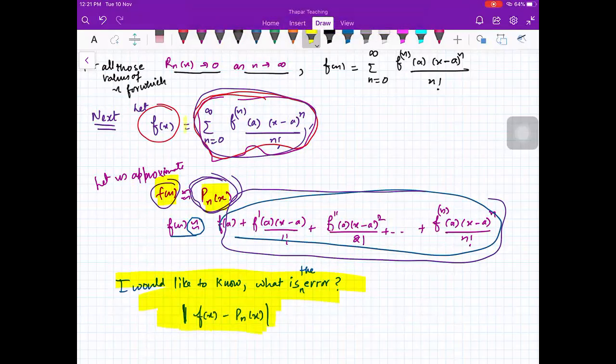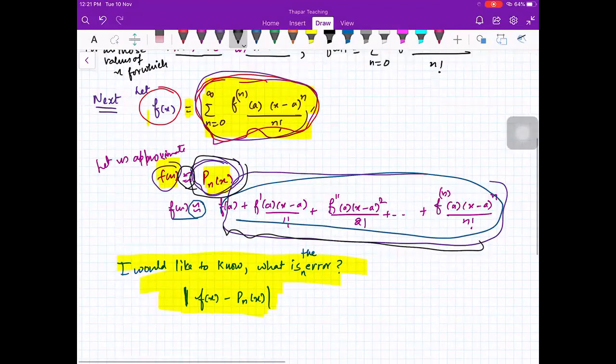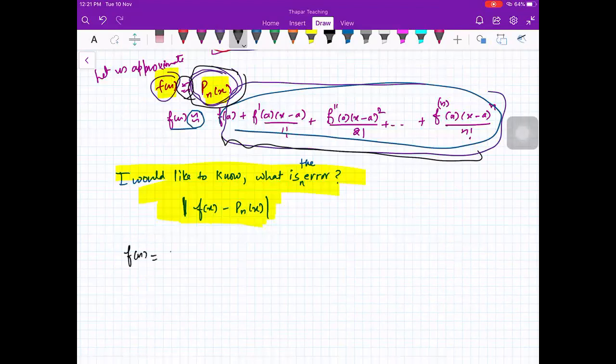Because for equality, f of x is equal to this series when you are considering an infinite number of terms. But if you are just considering the first n plus 1 terms, that is you are considering Pn x, then obviously this sign is not exact. So you would like to know what is the error. Now you see, we can very easily answer. We know that f of x is equal to Pn x plus Rn x.